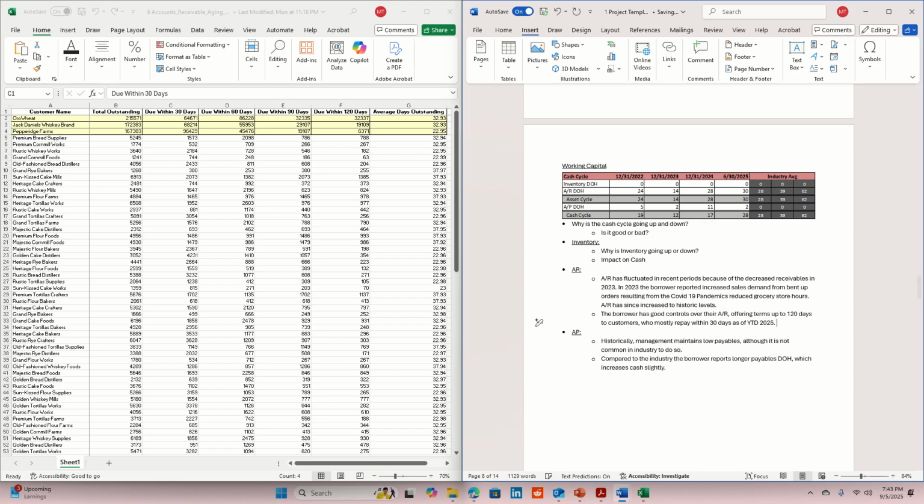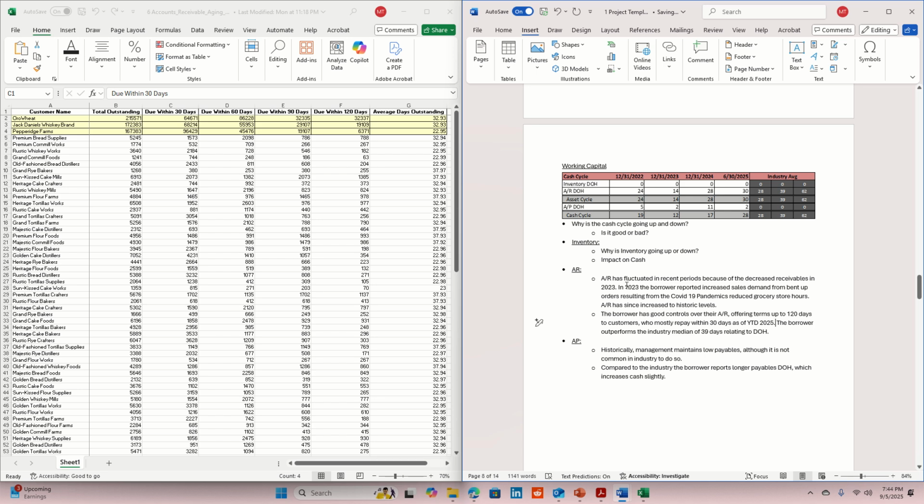So the borrower outperforms the industry median of 39 days relating to days on hand.